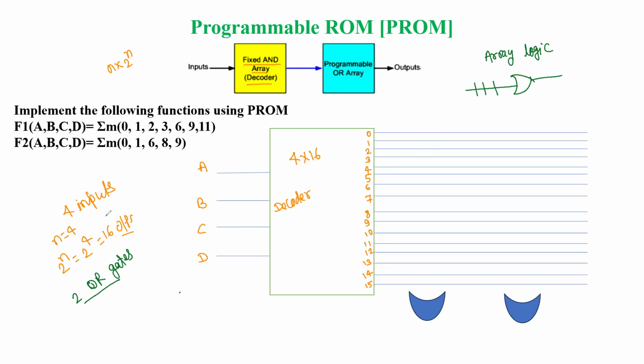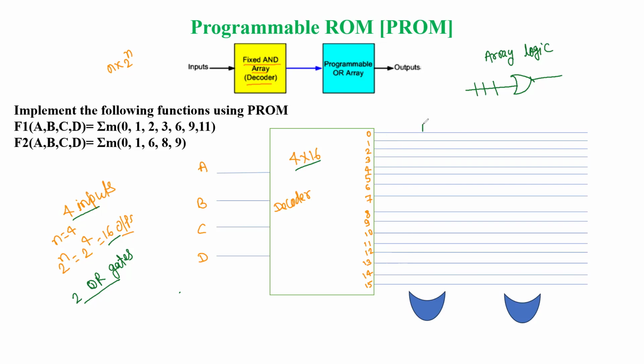The size of the decoder is decided on the basis of the input variables. Since here we have 4 input variables, the output of the decoder is 16. So we have taken a 4 cross 16 decoder, and it has outputs from 0 to 15. Since we are going to use logic array, finally we use that symbol.